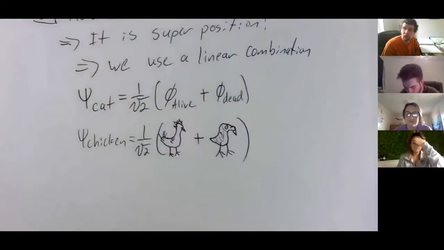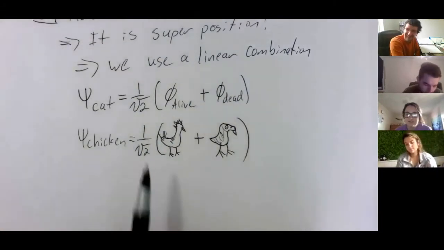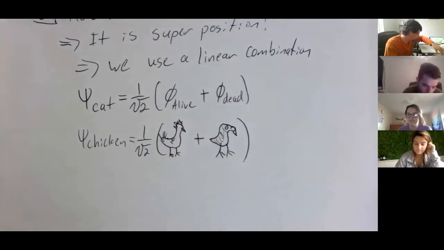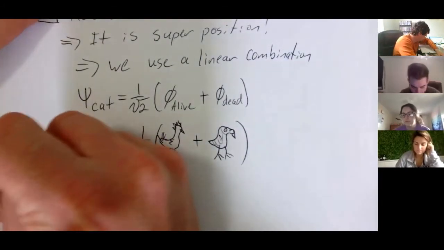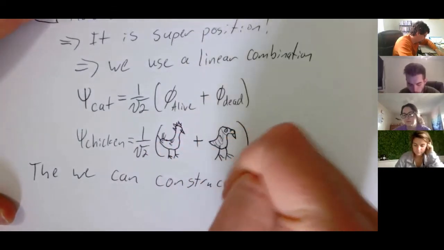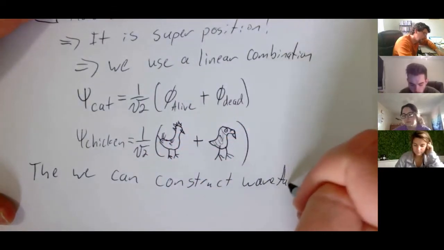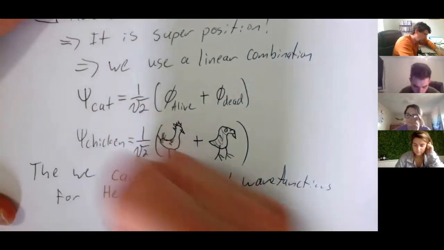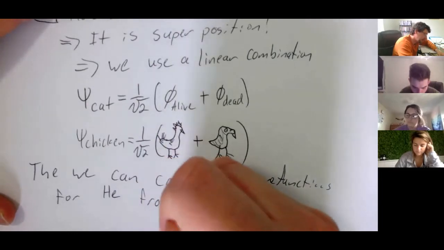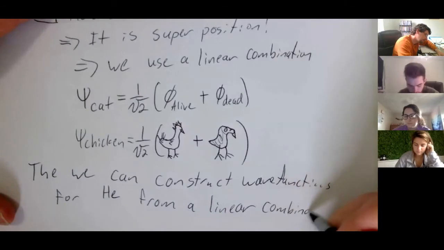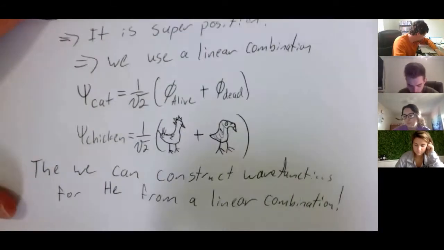Okay, so looking at these, we can make a linear combination of the two functions that we have. So then we can construct wave functions for helium from a linear combination. Okay, so we got two possibilities.